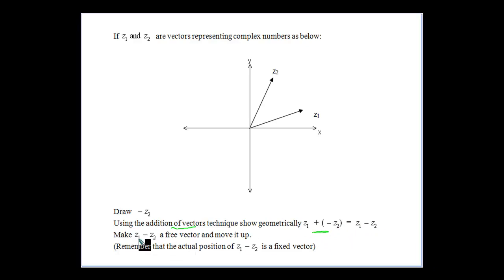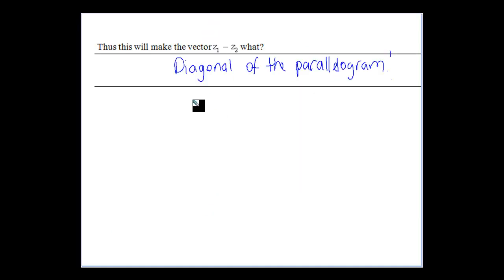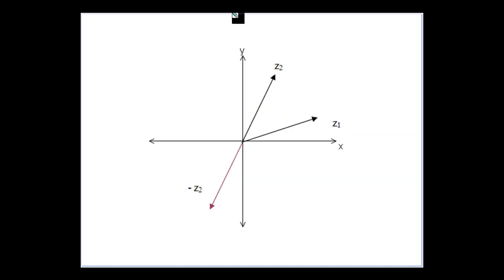Then we get our z1 minus z2 as a free vector, and we can move it around. So what we should get is a diagonal of a parallelogram. That is our aim again. So let's have a look.